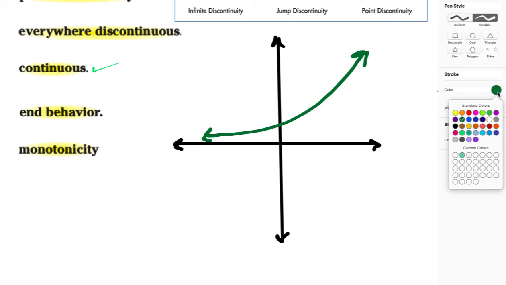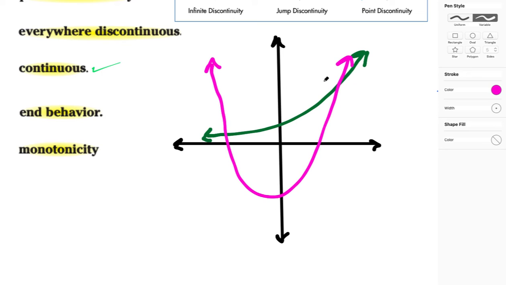I would assume that we could also use that word to talk about something like this, where we talk about monotonicity not over all reals for this parabola, but let's say this is -1 and that's where the vertex is. We can talk about monotonicity from -1 to infinity. So this function has monotonicity over a particular interval.